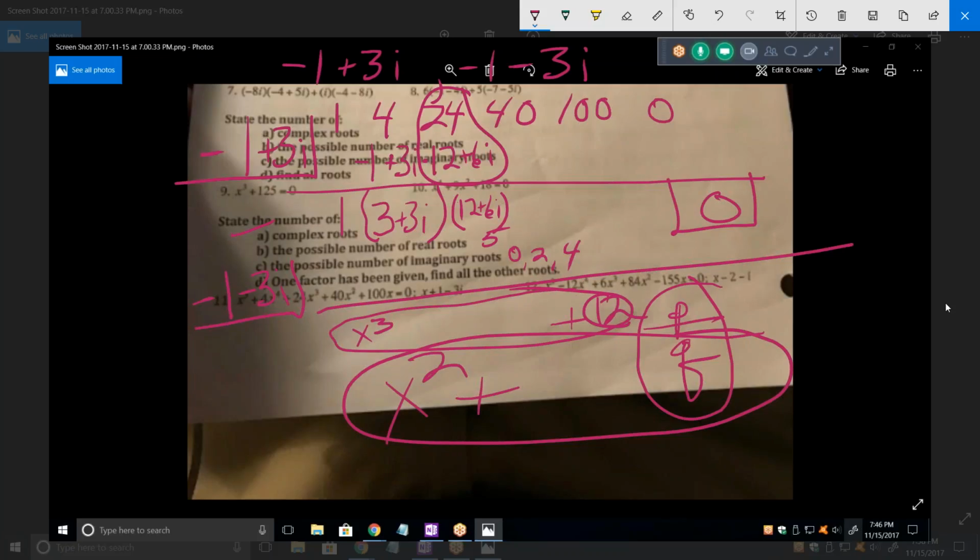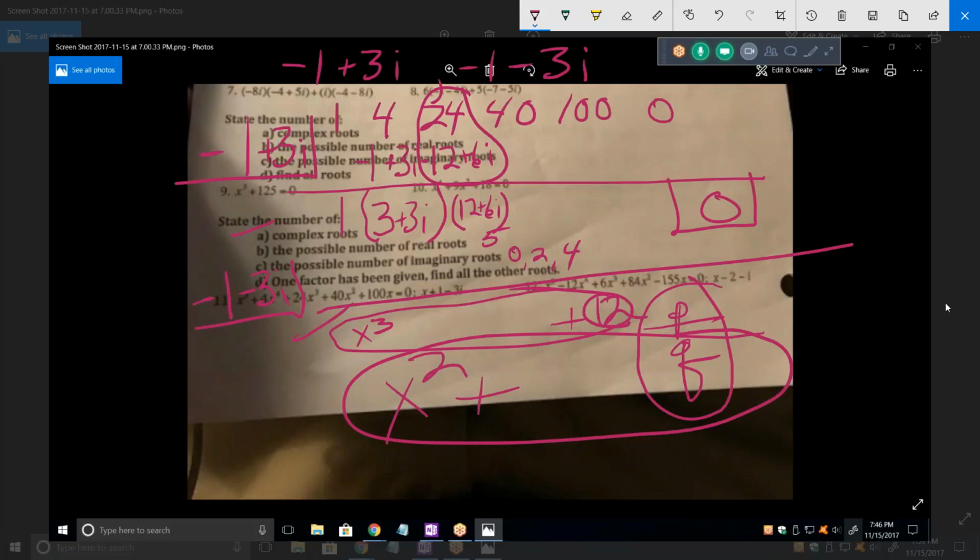One factor has been given, find all of the roots. So you are eventually going to reduce this to a cubic. And depending on that cubic, there are some cubics that can be factored easily if they happen to be subject to grouping. You know what I mean by that? Those are the only cubics that are easy to factor, the ones you can factor by grouping.